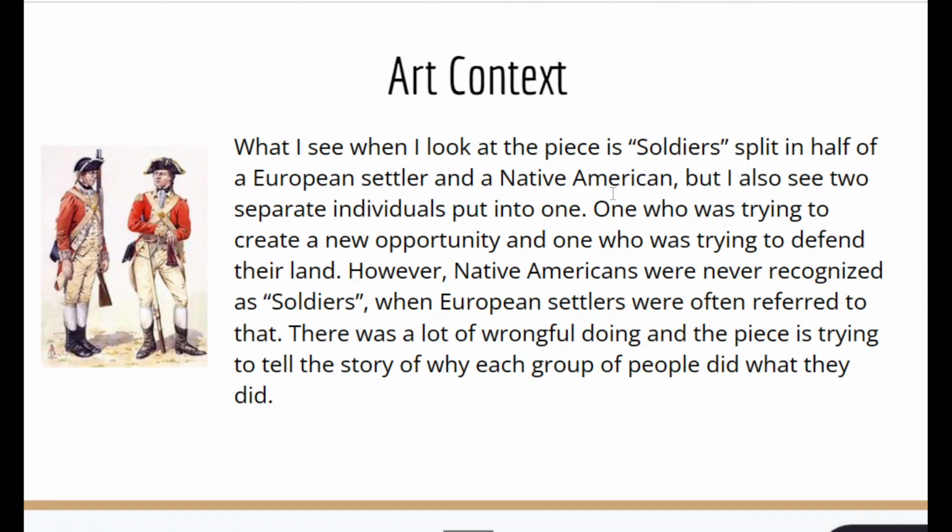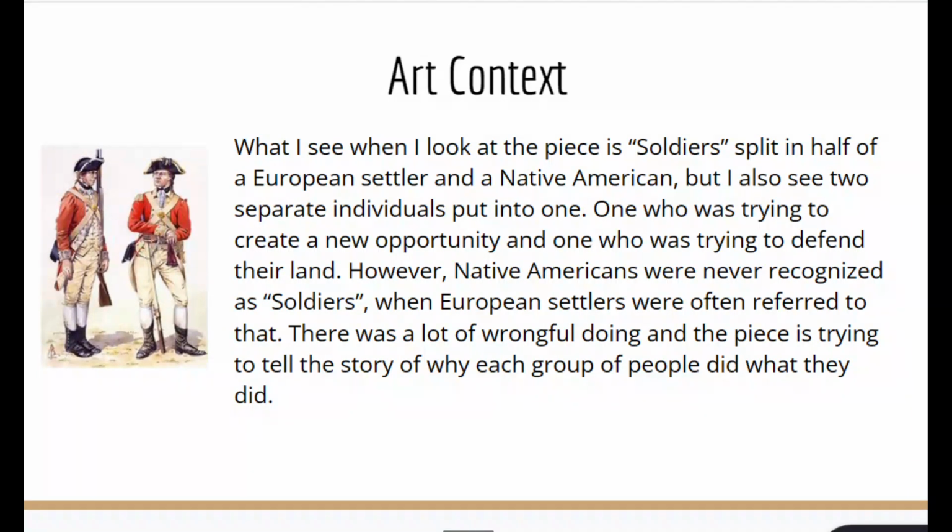So, the context of this art piece. What I see when I look at this piece is obviously a soldier split in half, one half being a European settler and the other a Native American. But in deeper meaning, I also just see two separate individuals represented as what should be one. One who was trying to create a new opportunity, and another one who was trying to defend their land.